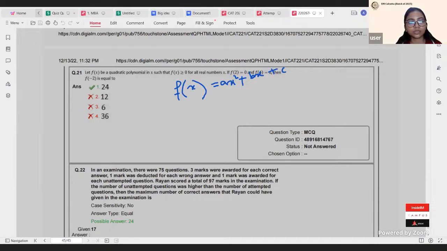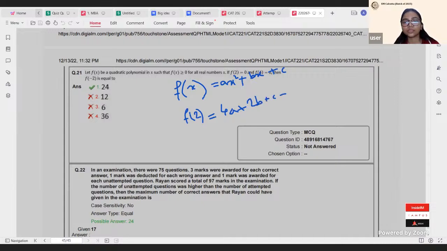Right? So here it is already mentioned that f of 2 is 0, f of 4 is 6. So f of 2 is 4a plus 2b plus c. That is 0.